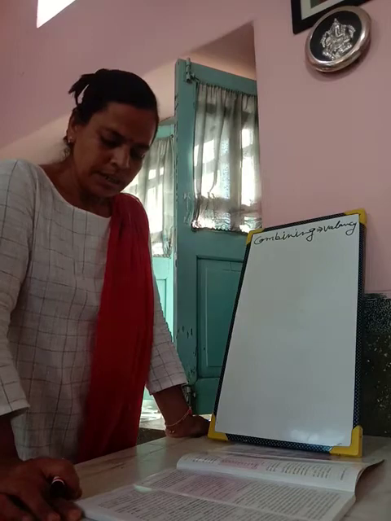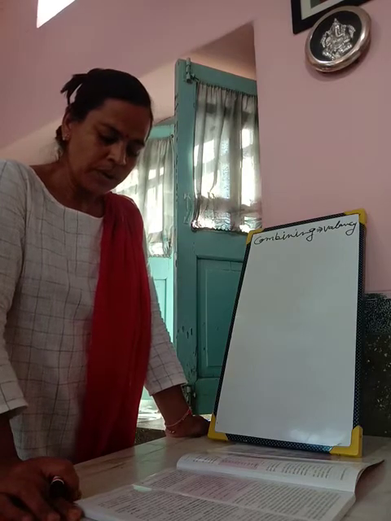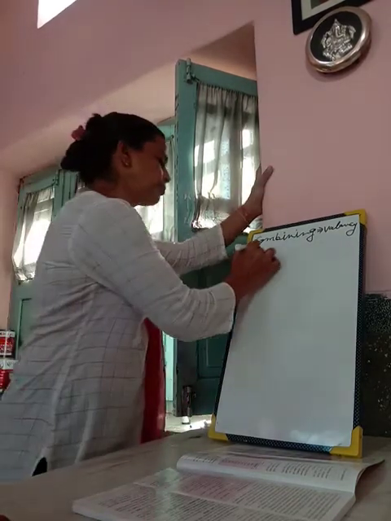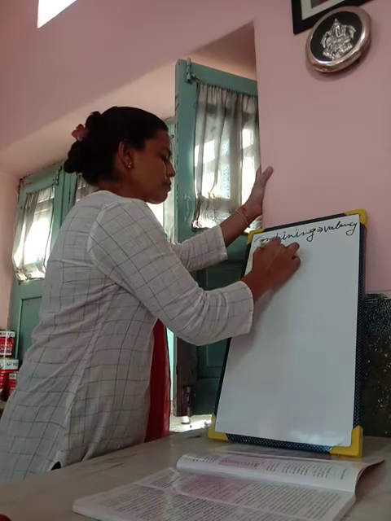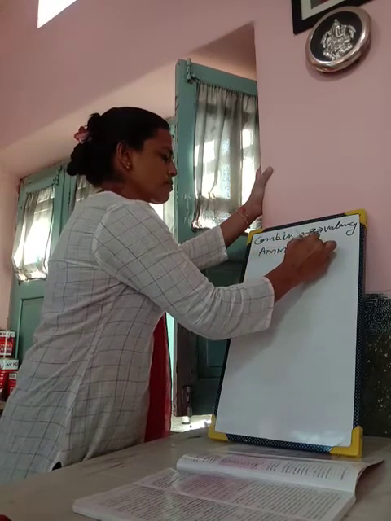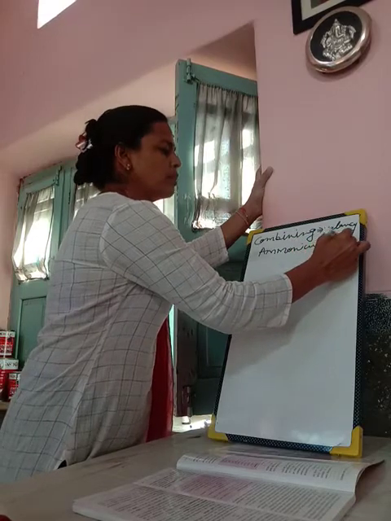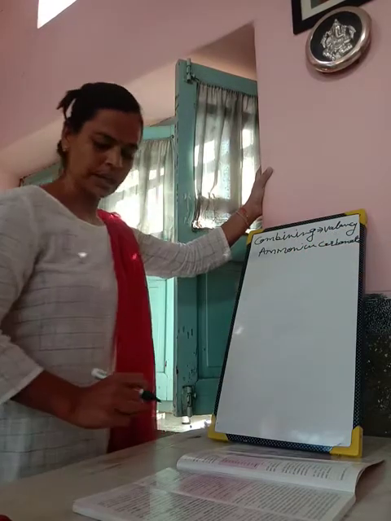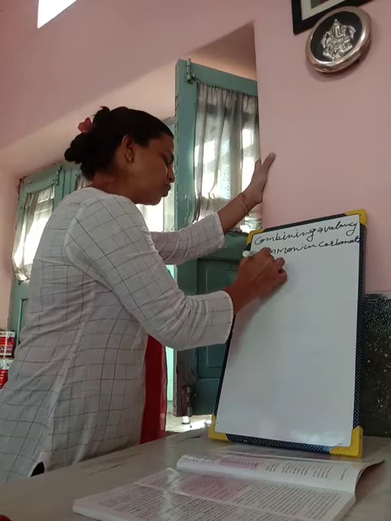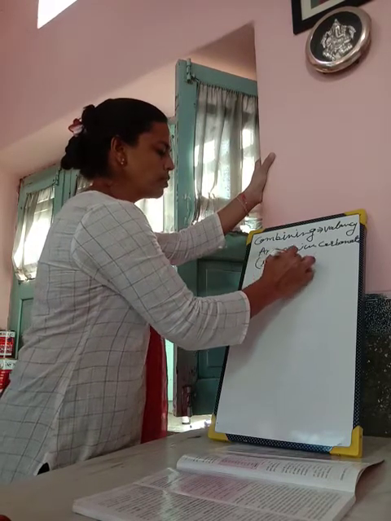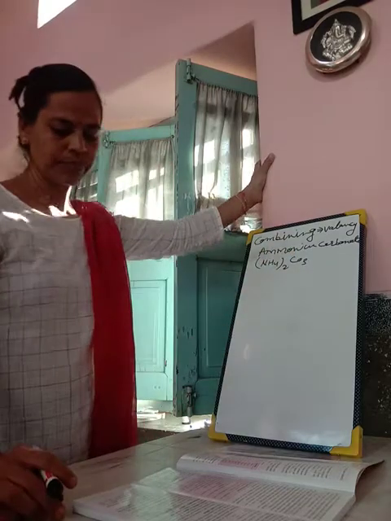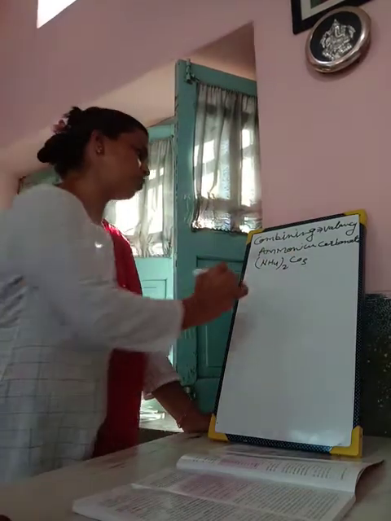Just take an example of the compound ammonium carbonate. The formula for ammonium carbonate is (NH4)2CO3.